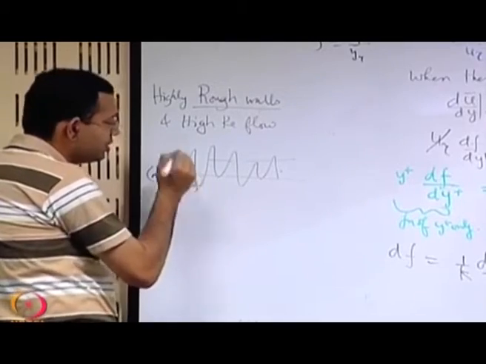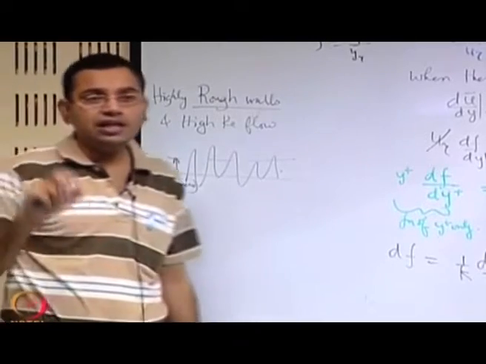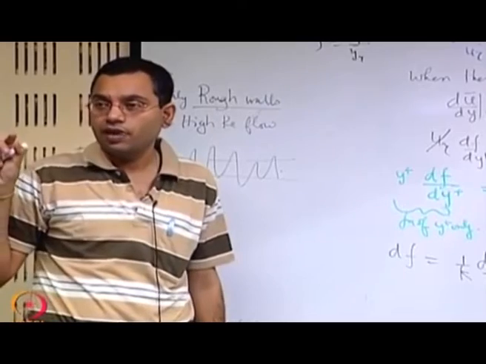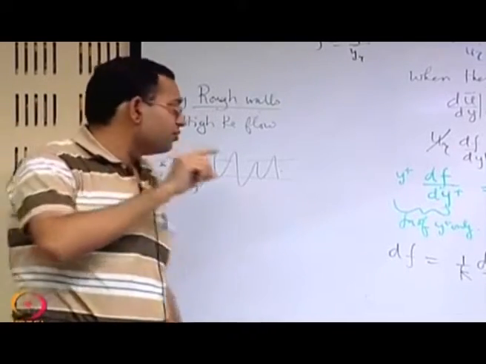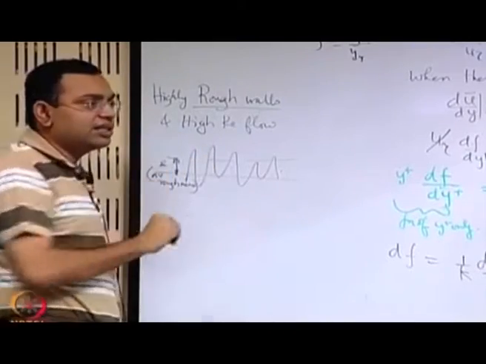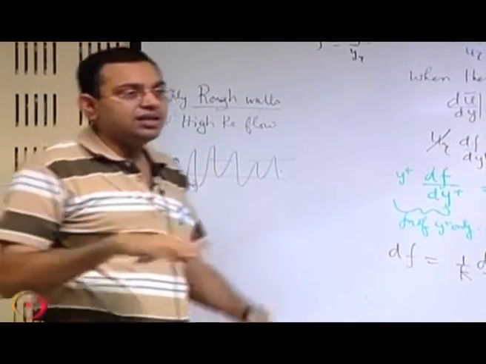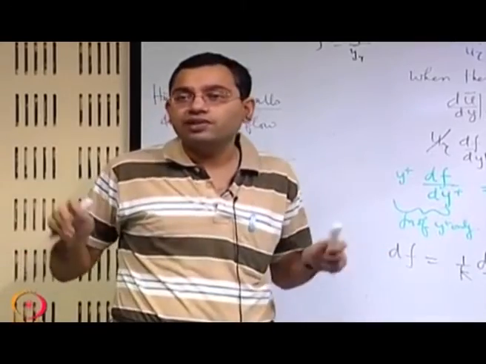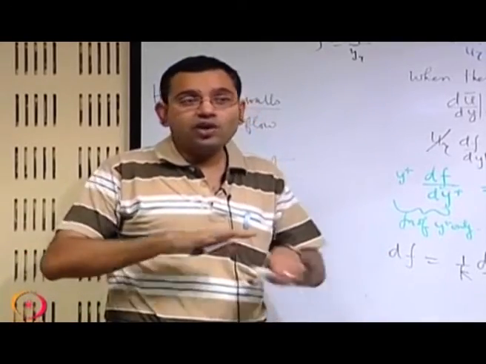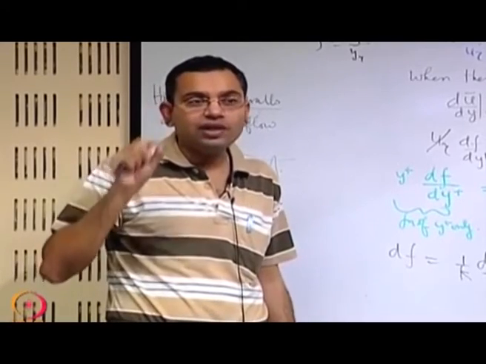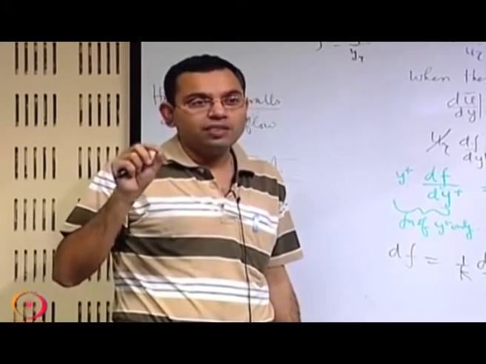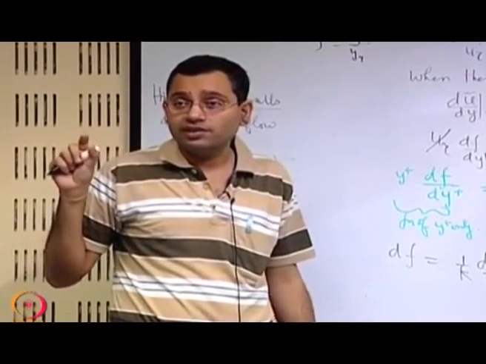This is much greater than the thickness of the viscous sublayer. The viscous sublayer is very thin, and when the roughness is much larger than the viscous sublayer, it almost nullifies the effect of the viscous sublayer. So what dominates the behavior close to the wall for a very rough wall is not the viscous sublayer, but the wall roughness.